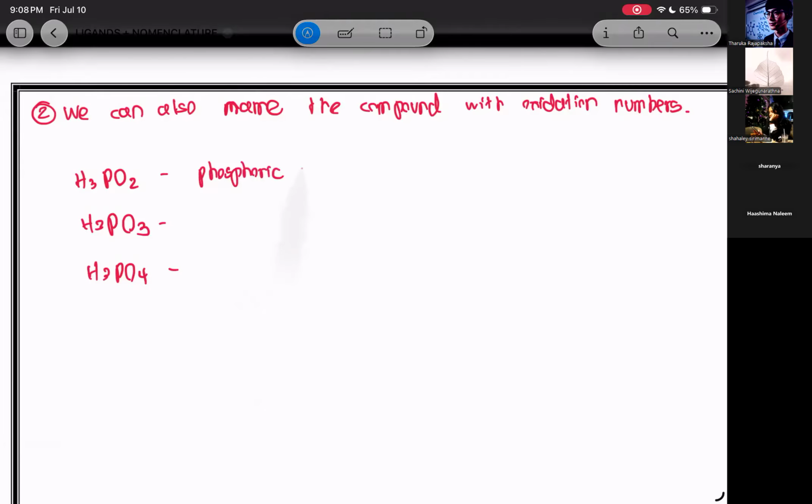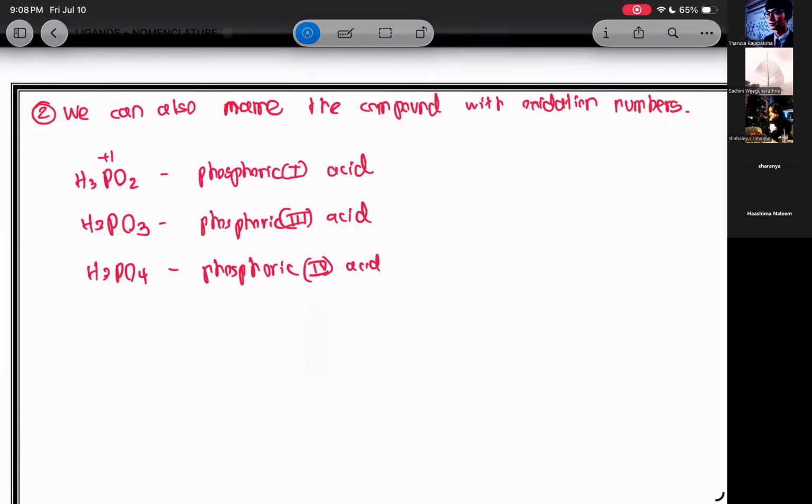Phosphoric 1 acid. Now phosphorus has +1 oxidation number, right? PO2 is 3 minus. Minus 2 into 2 is -4, +4. Yeah, +1 is the oxidation number. Phosphoric 1 acid. This one is phosphoric 3 acid. This one is phosphoric 5 acid. You can do it for the above two as well.